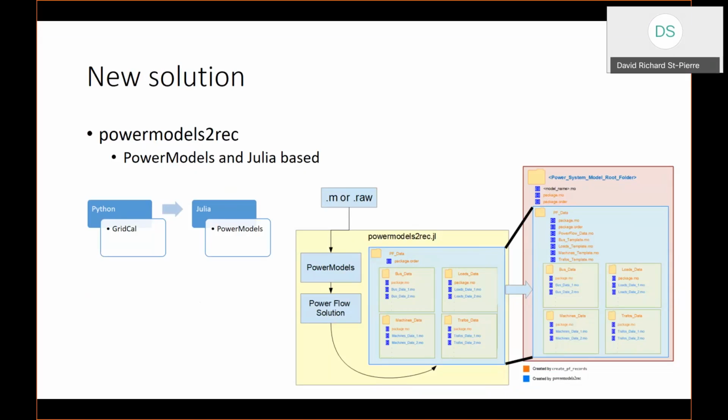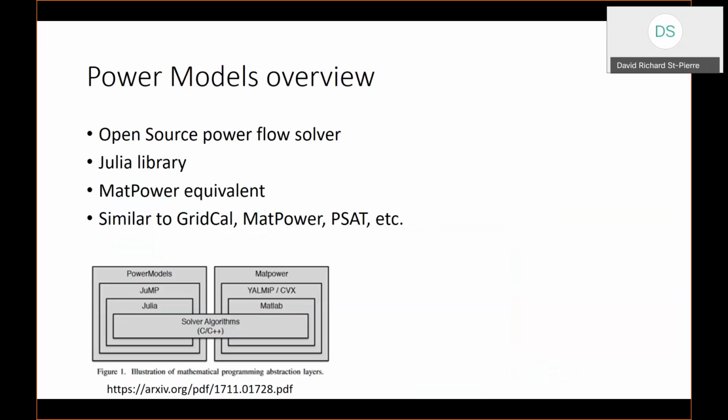And again, when this functionality is used in conjunction with create PF records, we have that record structure that's needed by Modelica and Dymola to initialize the models for PowerFlow simulations that will be discussed in a little bit. But first, I want to talk about the PowerModels library itself, as this was such a central part of my project.